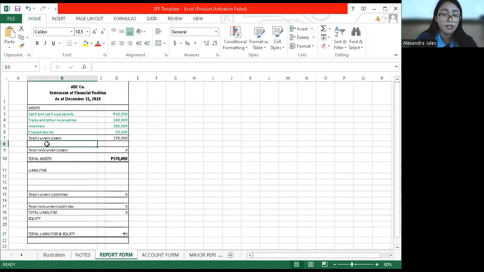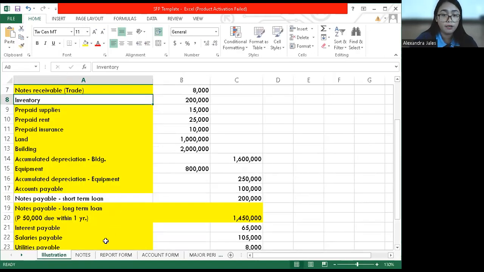So the same for your non-current assets. What non-current assets do we have here? We have property, plant, and equipment. So we are going to use that for our account here.